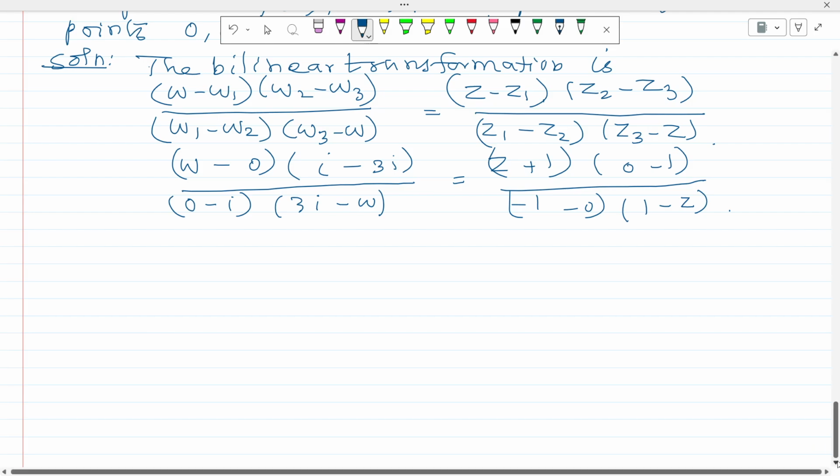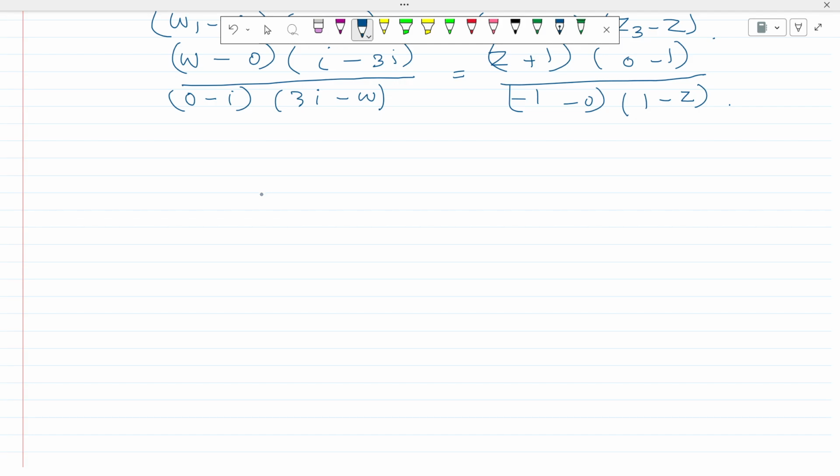How can we simplify this? W minus 0 is W, and i minus 3i is minus 2i. So minus 2i W divided by minus i, 3i minus w, equal to z plus 1 times minus of, divided by minus of z minus 1.